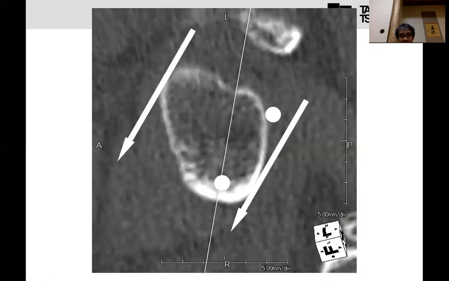Anyway, to avoid this, I recommend observing the insertion position of the second screw.